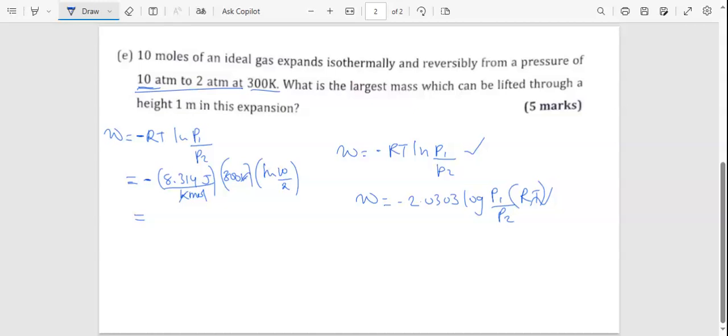Okay, let's punch. So that will be negative 8.314 times 300, right? Then, okay. So the answer there, I'll say, is now negative 94.2.